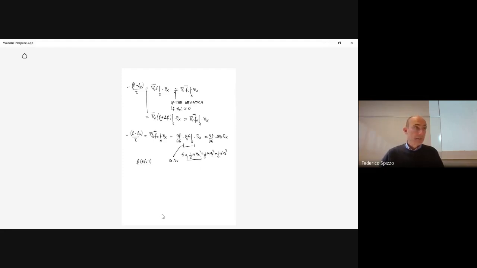Okay, nearly finished. So in this way, we are able to express F as a function of all the other parameters.